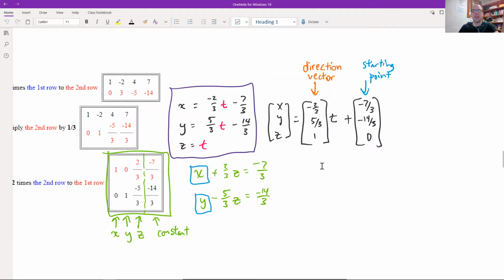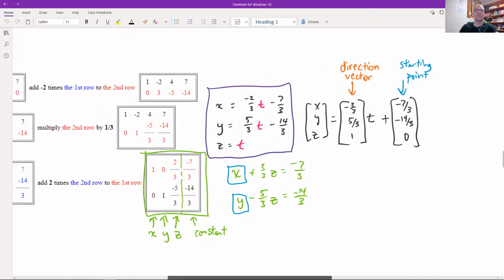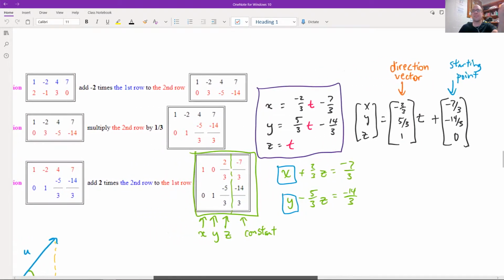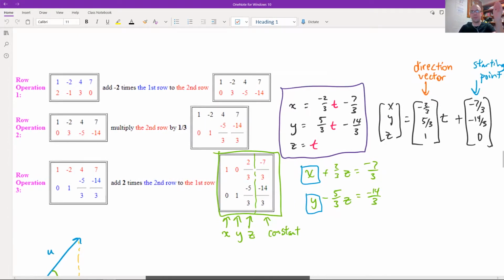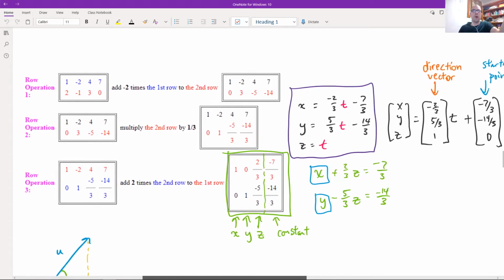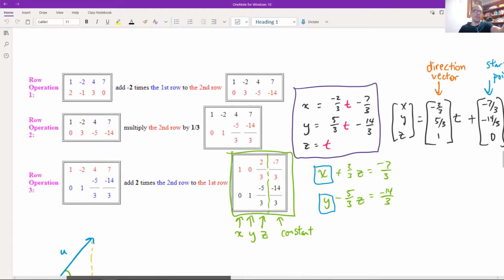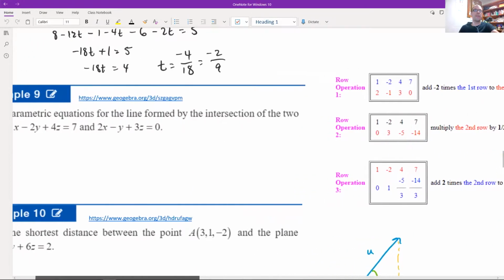The linear algebra way here seems a little bit more straightforward, at least in terms of calculating it by hand and having a nice set of steps to go through. And if you've already taken a class where you've worked with matrices, feel free to use row operations to solve a system of equations. That's really all you're doing there.